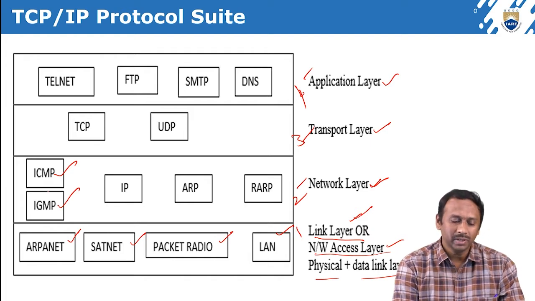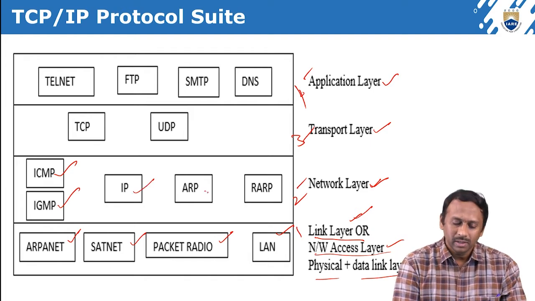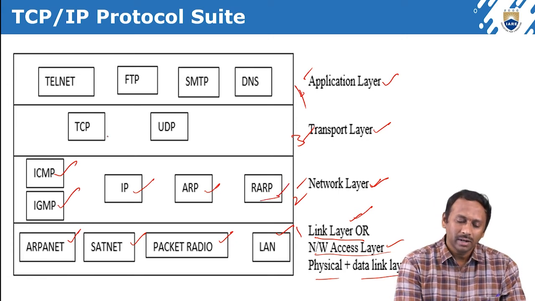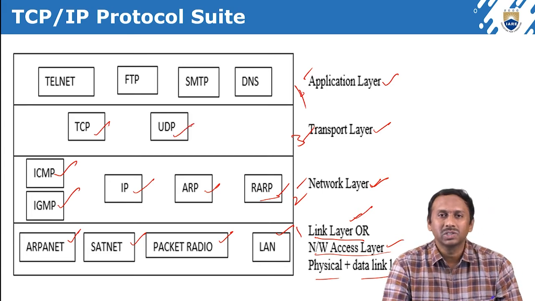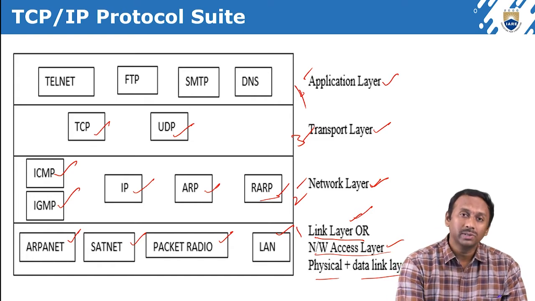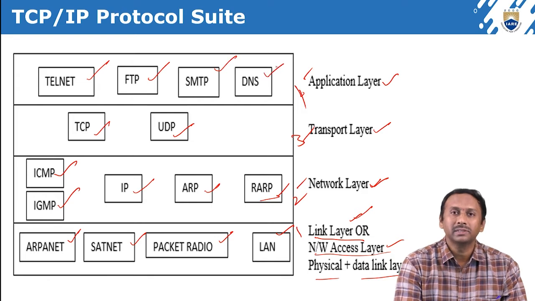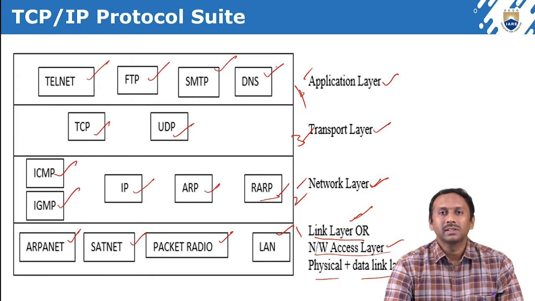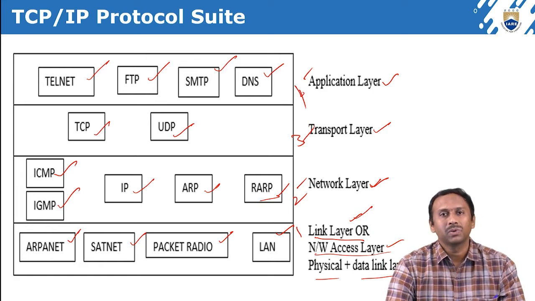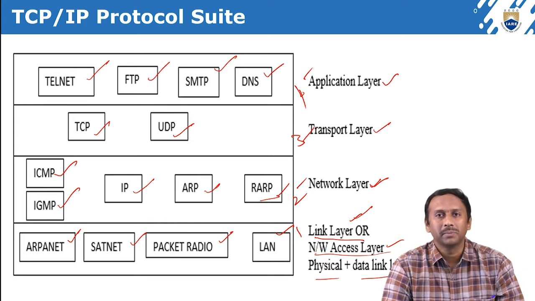The third is the transport layer, which has only two protocols, TCP and UDP. In the application layer, there are Telnet, FTP, SMTP, and DNS. These are the protocols we use in the TCP/IP protocol suite, and we will discuss each of them in this session.